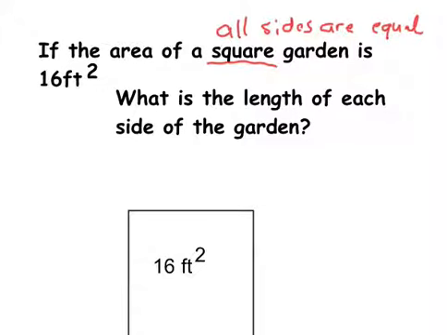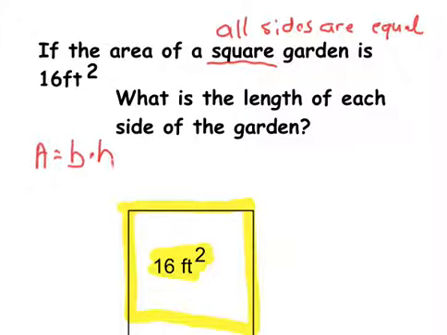So in your notes, I would draw a square and I would like you to put 16 feet squared in the middle. Now remember, area means base times height. Also remember, on a square, the base and the height have to be the same number.